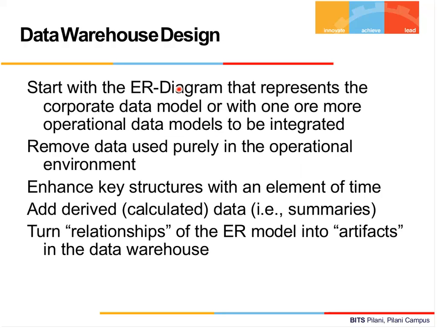We start from that and then slowly transform it to a star schema. That's what we're talking about here: turn the relationships of the ER model into artifacts in the data warehouse. When I say relationships, whatever relationships we have in the ER diagram, we're going to transform them into actual business type metrics.